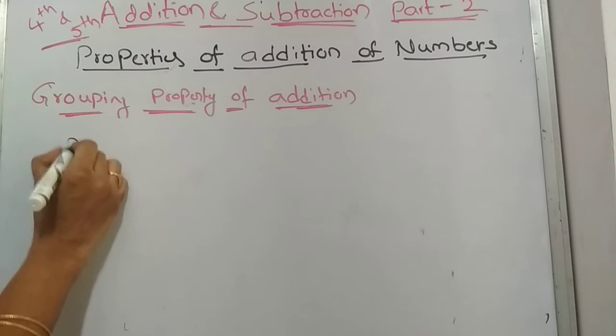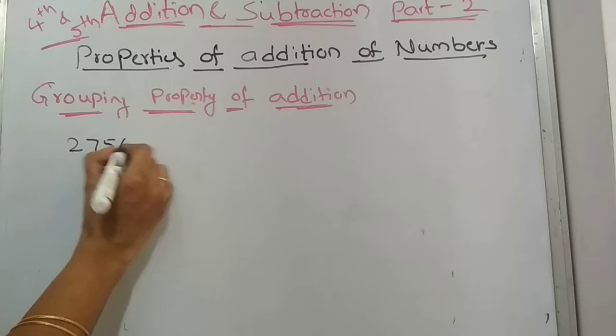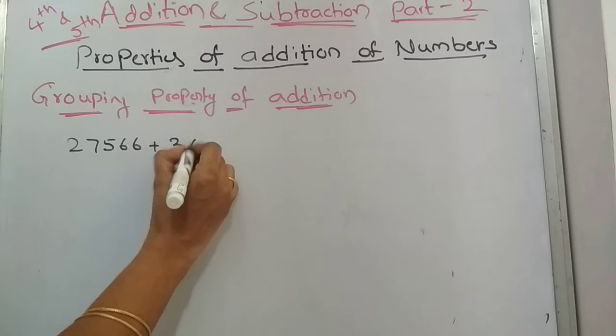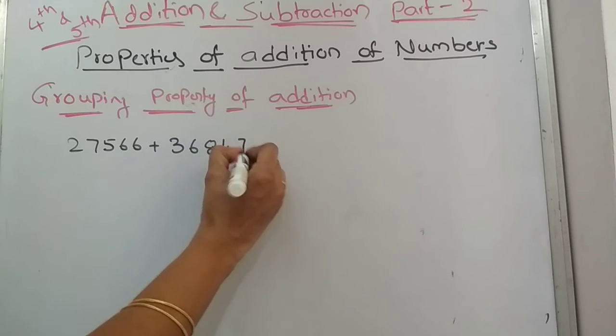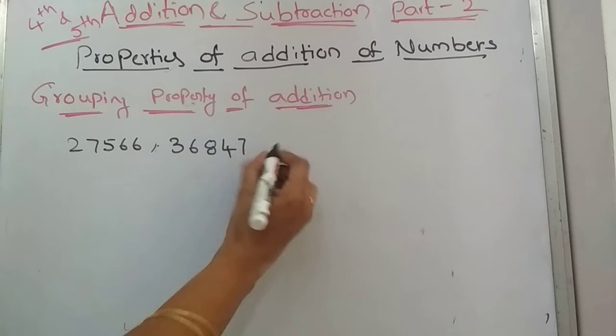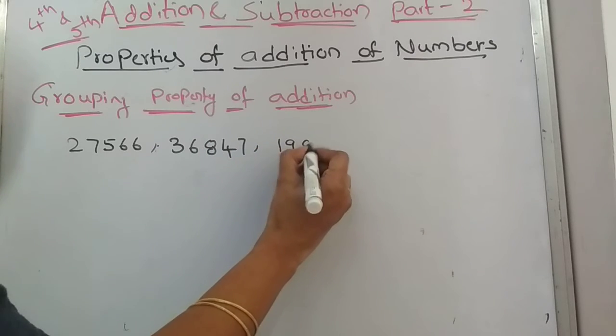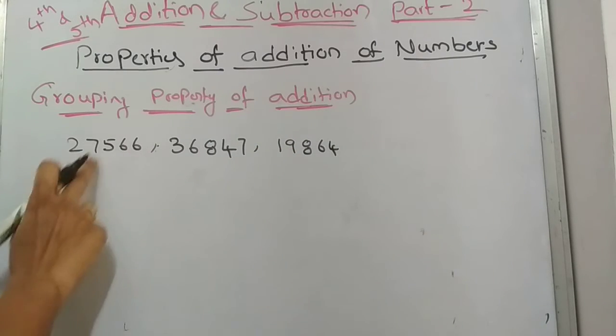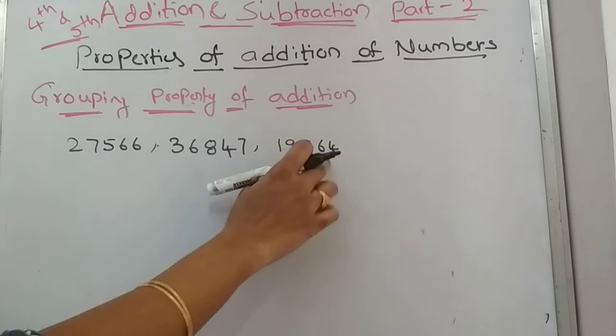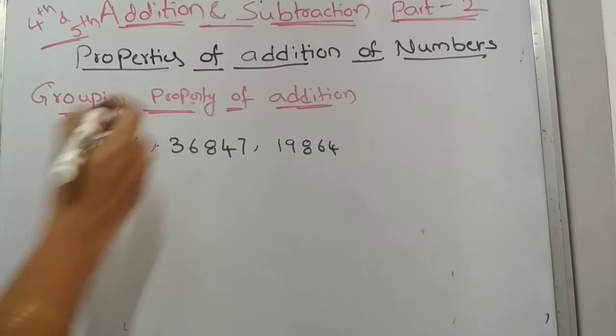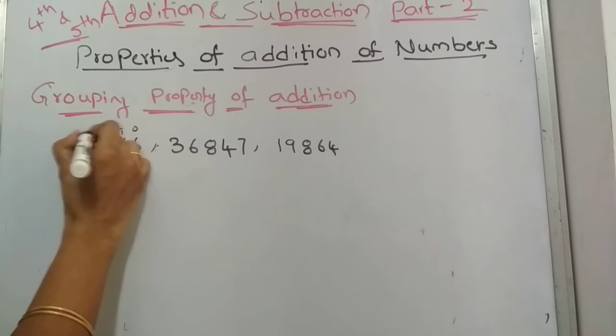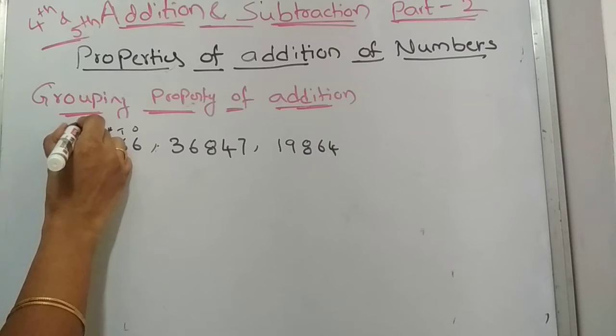Okay, so I am taking one more example. Suppose I am taking 27566 plus 36847 plus 19864. See, observe: everything is a 5-digit number, with ones, tens, hundreds, thousands, 10,000s.